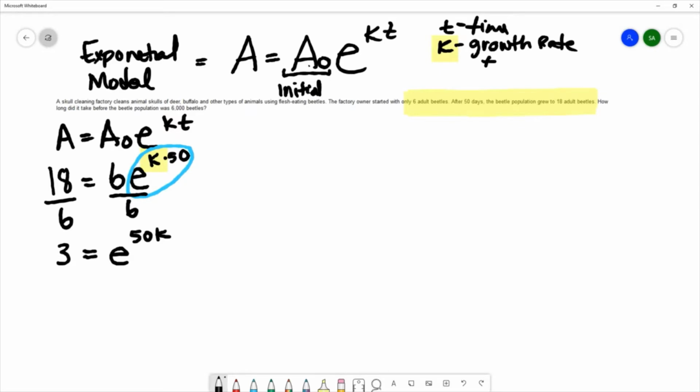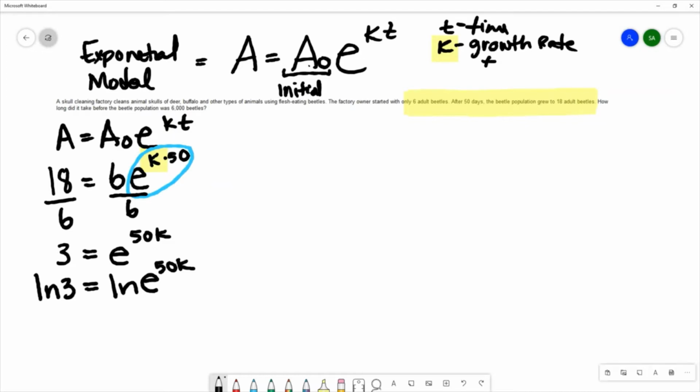Then we'll continue to solve. We have different methods that we could use for solving exponentials. The basics are trying to make the bases the same, which we can't do in this example. We can convert it to a log or take the log of both sides. Either one of those methods you could use. I'm going to take the log of both sides. So I'm going to do natural log on the left and natural log on the right.